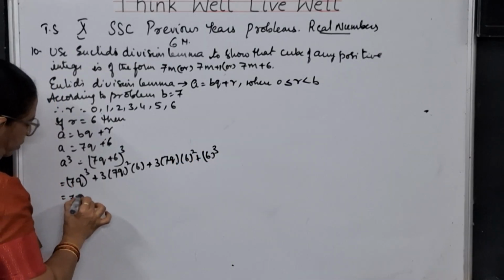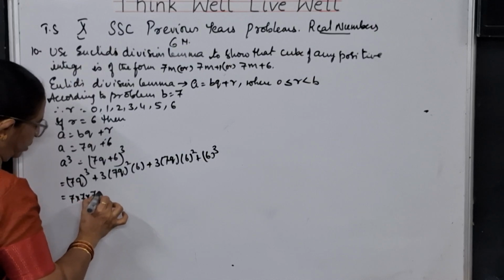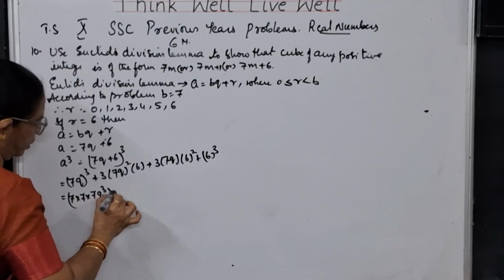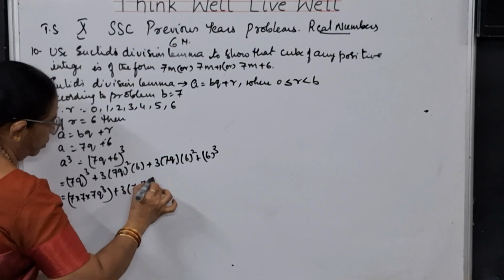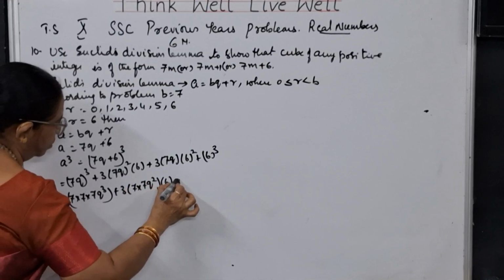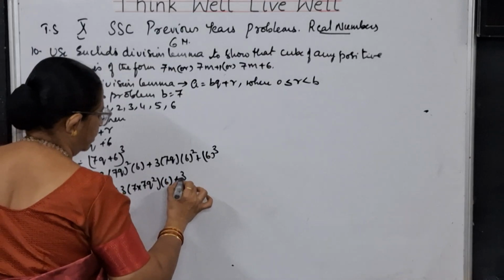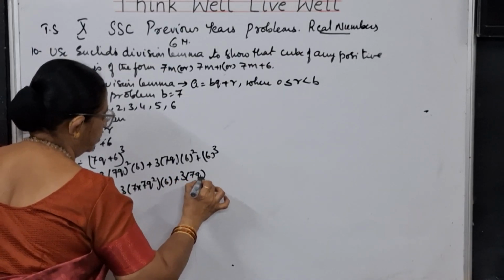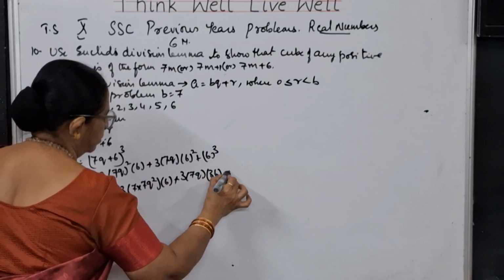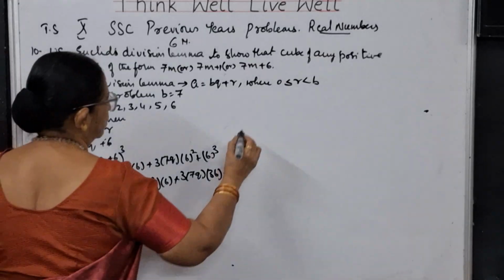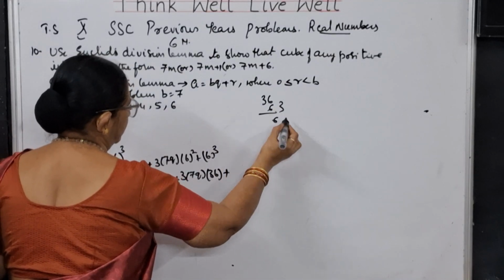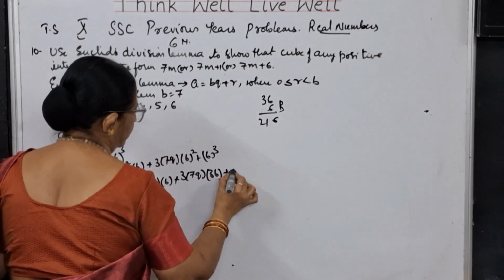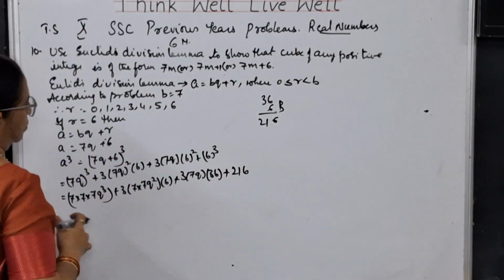That is 7 into 7 into 7q cube plus 3 into 7 into 7q square into 6 plus 3 into 7q into 36 plus 6 6s are 36, 36 6s are 216.